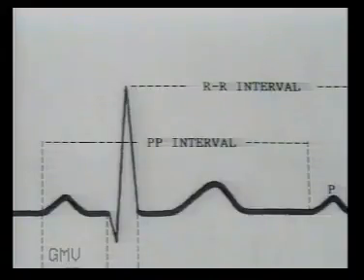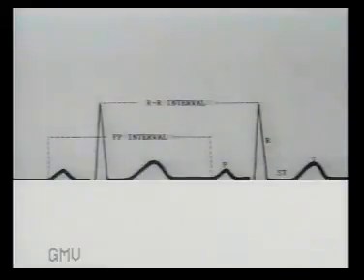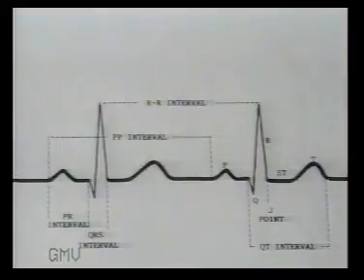The PP interval indicates the rate of atrial contractions. Under normal circumstances, the RR interval and the PP interval are both equal. In a normal ECG, the PR, ST and TP segments are at the same horizontal level and form the baseline or the isoelectric line. The amplitudes of all the waves are measured from this line.